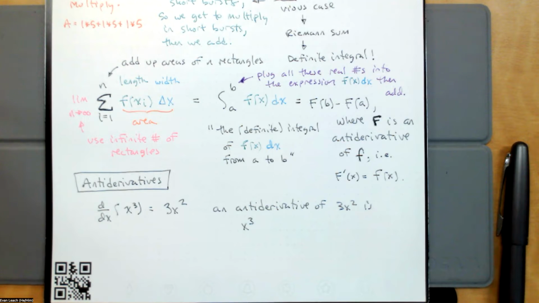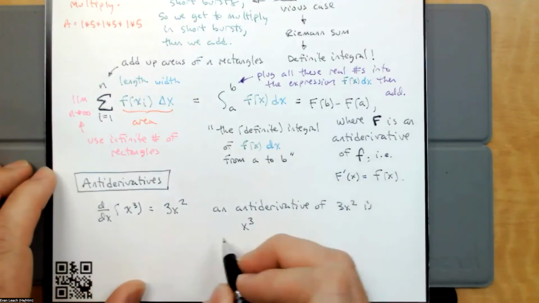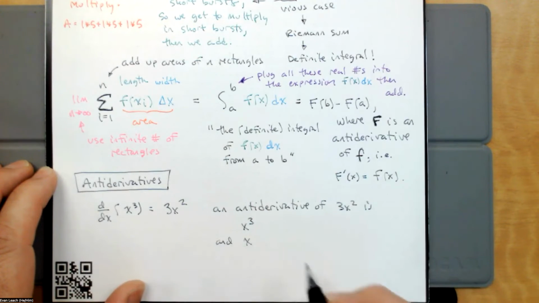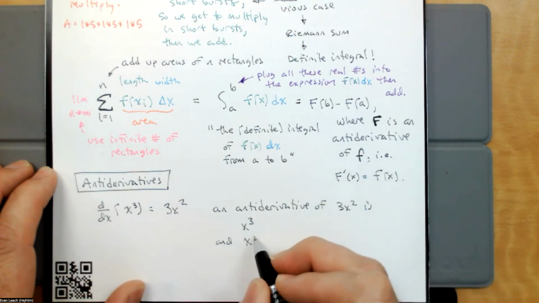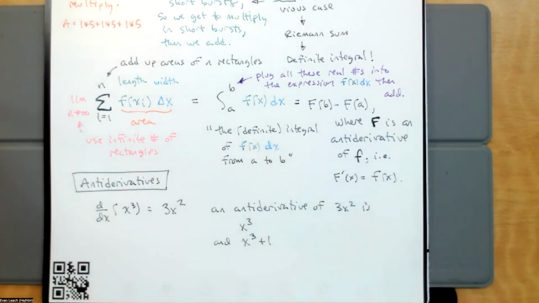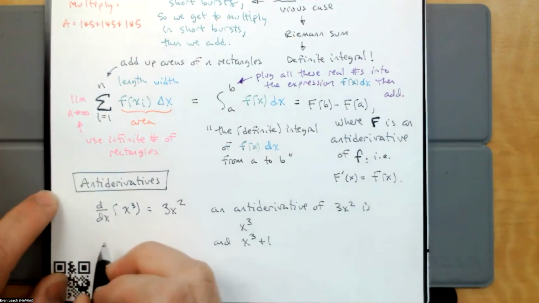We know that the derivative of a constant is equal to 0. So another antiderivative of 3x squared is x cubed plus 1. Remember that the derivative of a constant is equal to 0. So the derivative of x cubed plus 1 is also 3x squared.